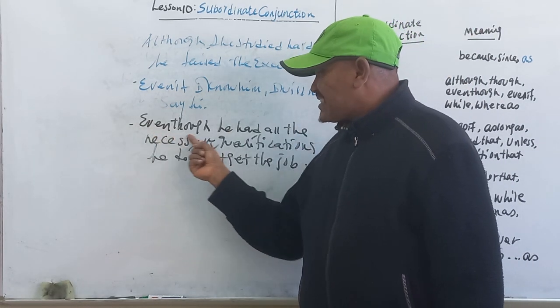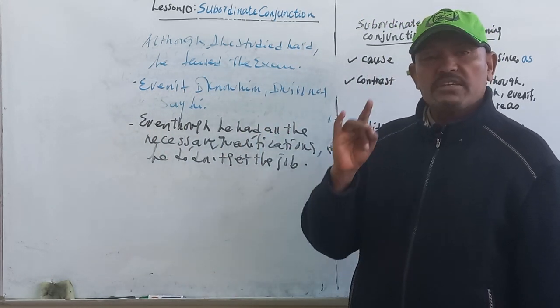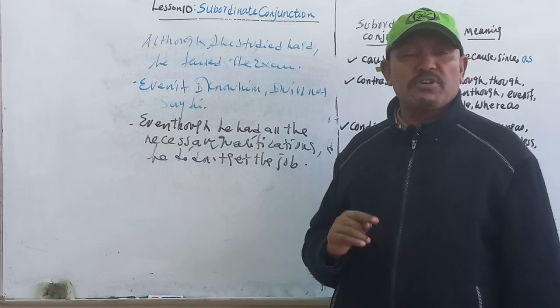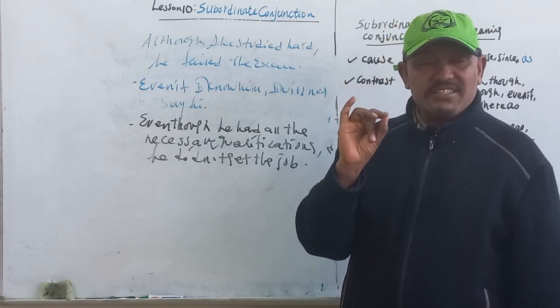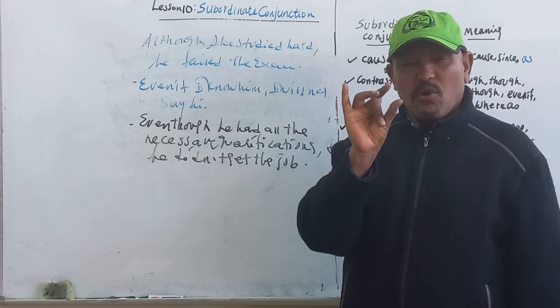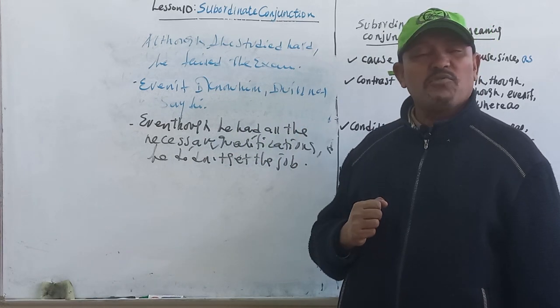So the first phrases here, even if and although, are called subordinate conjunctions. What kind of subordinate conjunction? Adverb clause of contrast or concession. It joins contrast or two opposite ideas; that's why we join such kinds of ideas.